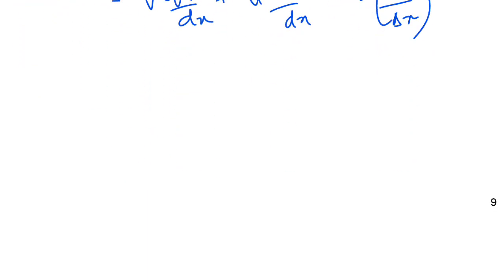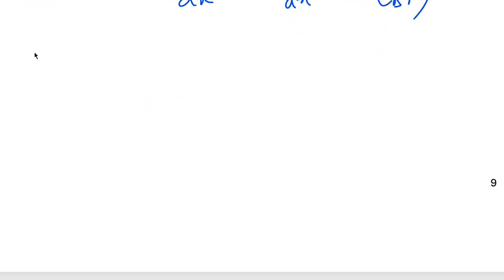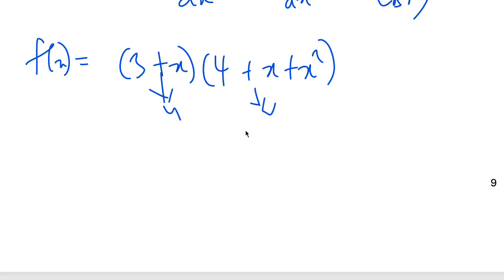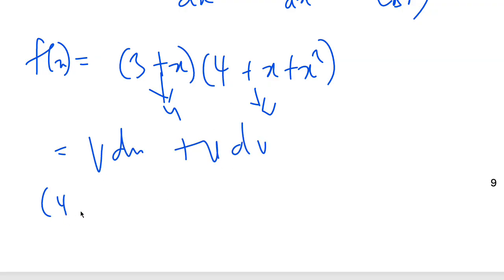So let's say we're given a function f of x equal to 3 plus x times 4 plus x squared. You're given this. So you can take this as your v and then apply v du plus u dv. So v in this case is 4 plus x squared, right? Then du, differential of 3 is 0, right?